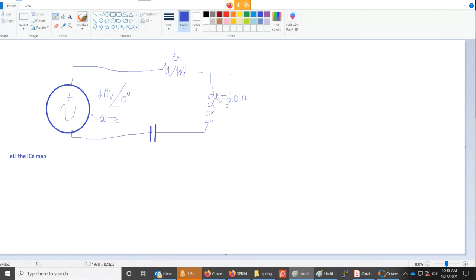So it's going to be a positive J20 ohms. And let's say that our capacitor is a minus J60 ohms.